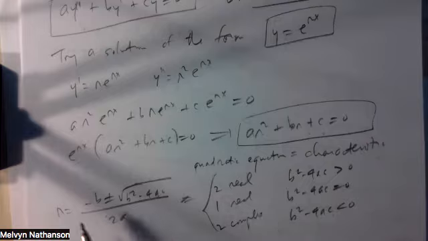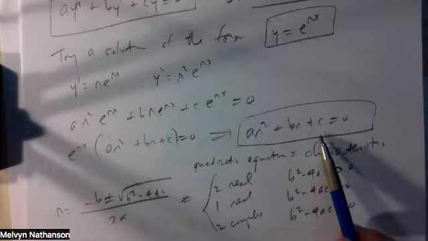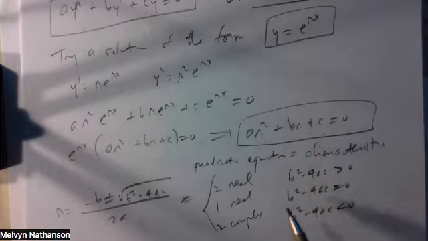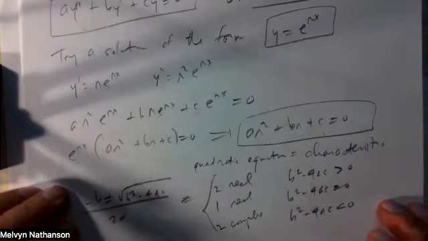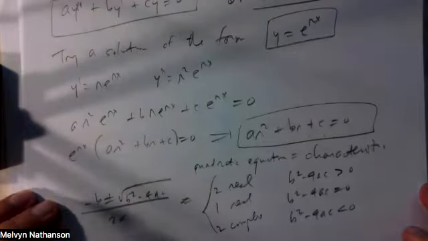If it's positive, you have 2 real roots for this equation. If it's 0, you have 1 real root. And if it's negative, you have 2 complex roots, 2 complex numbers that solve that equation. And we're going to consider these 3 cases separately. Okay. Any questions at this point?